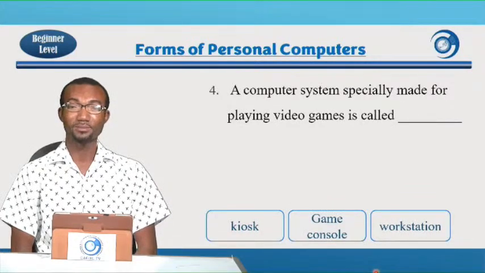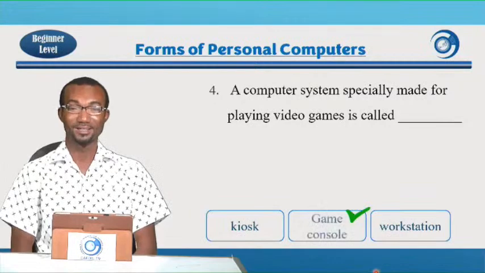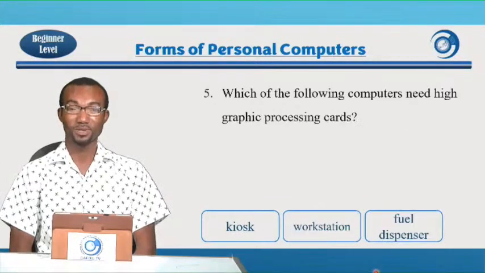A computer system specially made for playing video games is called: kiosk, game console, or workstation? Good. The answer is game console. So a game console is specially made for playing video games.